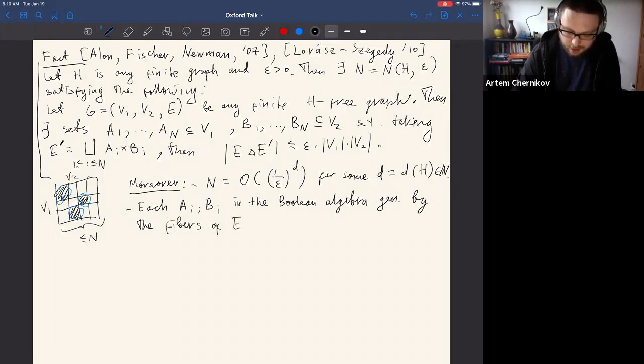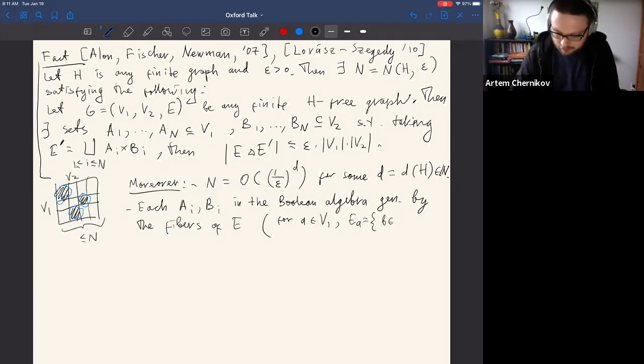So what do I mean by fiber of E? For example, if I fix a point in one of the parts, so for example a in V1, we can consider the fiber E_a, fiber or neighborhood, depending on which terminology you prefer.